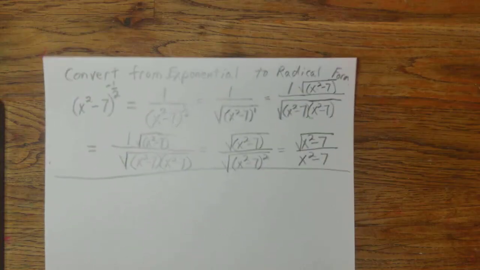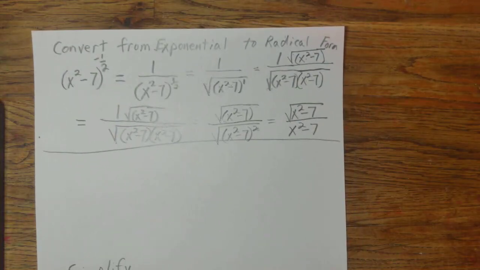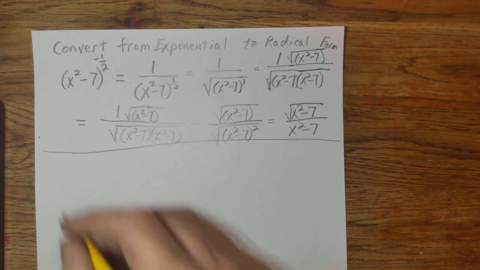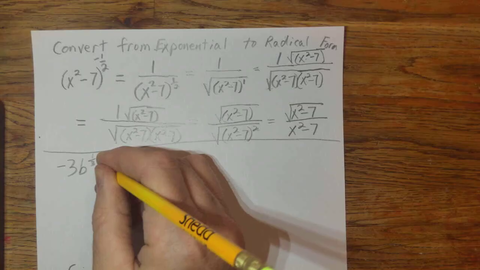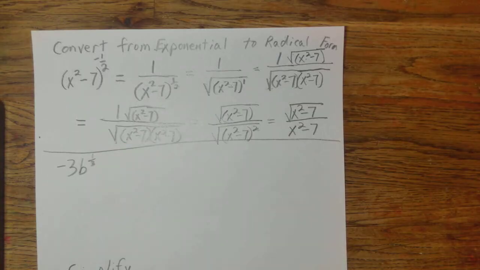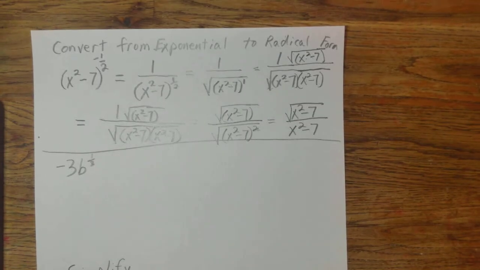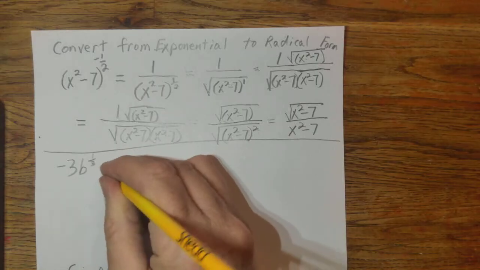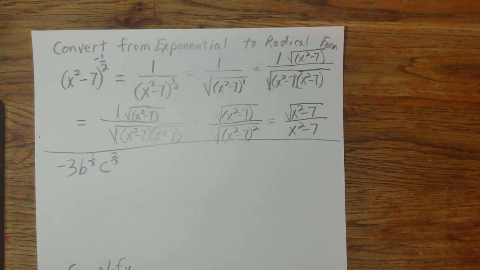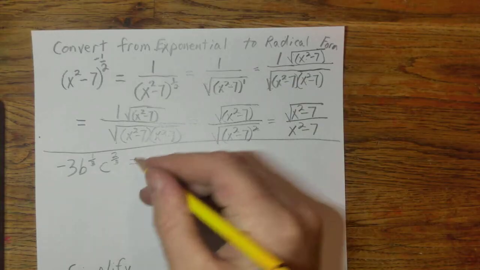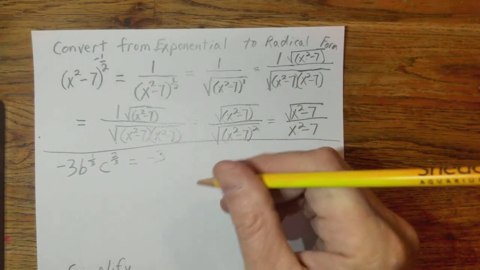Now, next thing, let's do another one of these. Let's take negative 3 b to the 1/3 c to the 2/3. Okay. I've got the negative 3 out here.